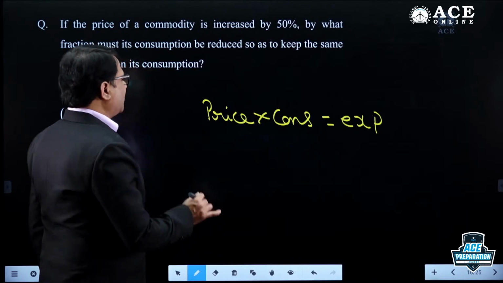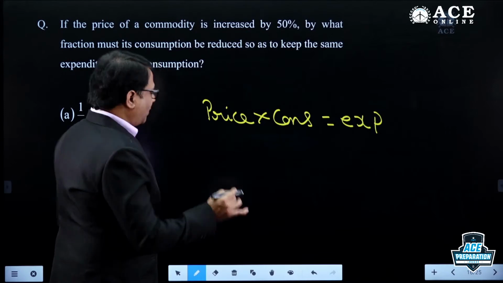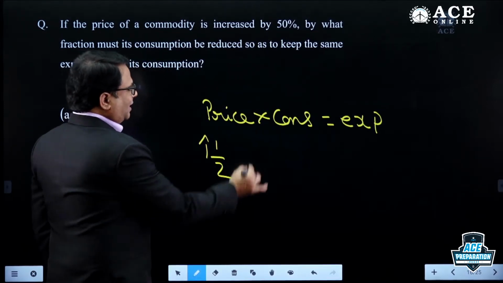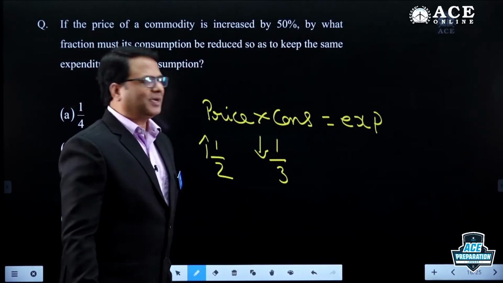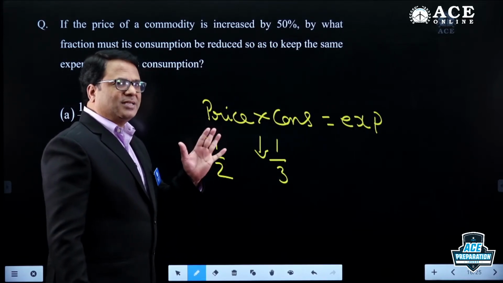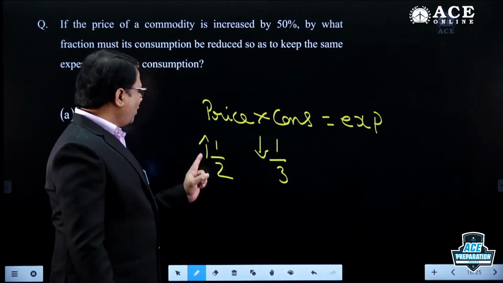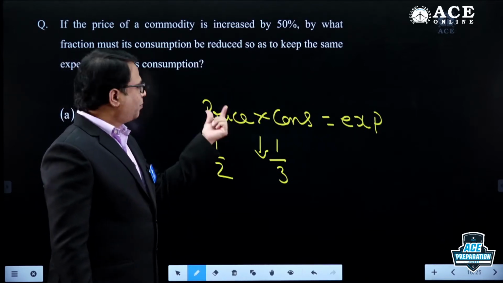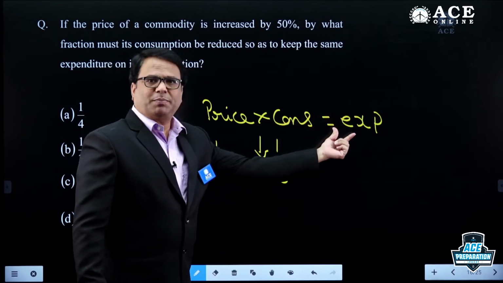That is the question. Now, 50% can be written as 1/2 in fractions. Now, when price goes up by 1/2, then consumption should decrease by 1/3. Simple technique. Price into consumption will give you expenditure.